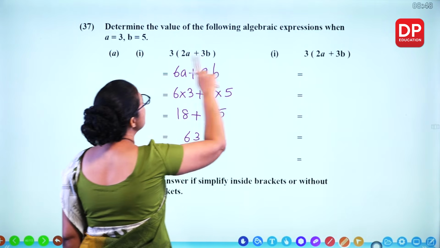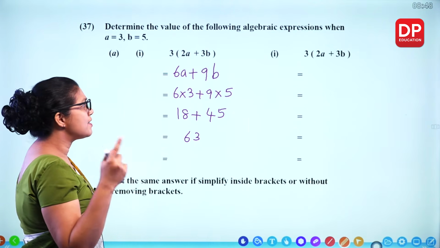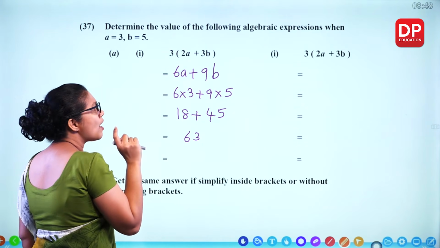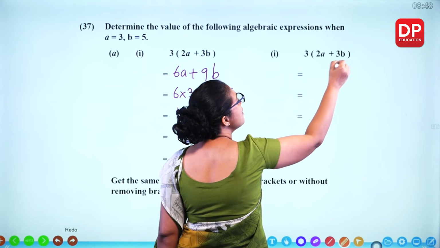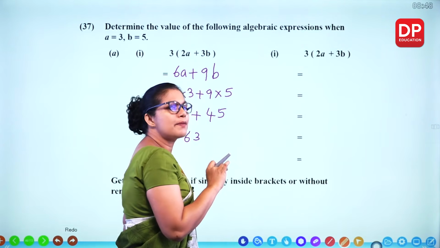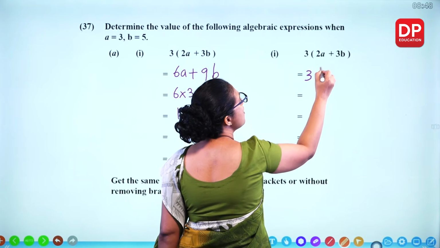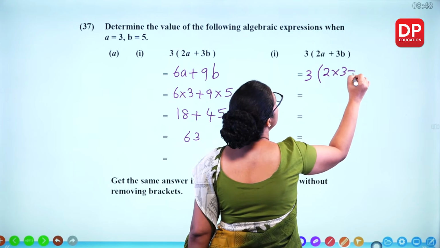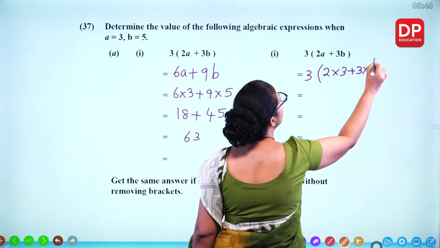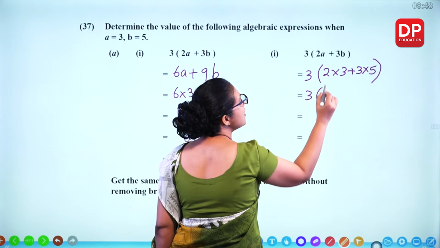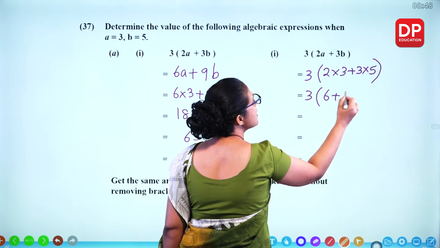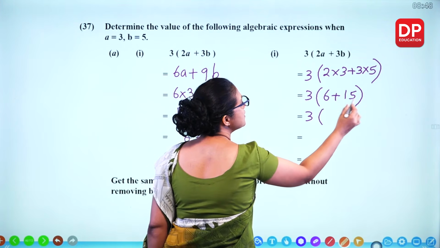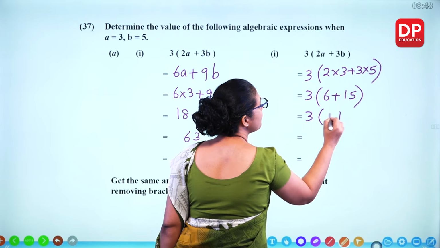In this one, you have been given the same question. We'll try in a different way. Earlier, we multiplied and then simplified. Now, we'll simplify inside brackets and then multiply by 3. So, 3 is there. 2 times a is 3, b equals 5. Now simplify inside. 3 times 2 is 6. 3 times 5 is 15. 3 times 6 plus 15, 21.